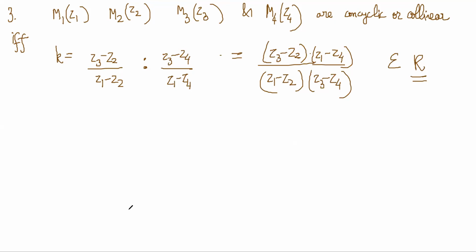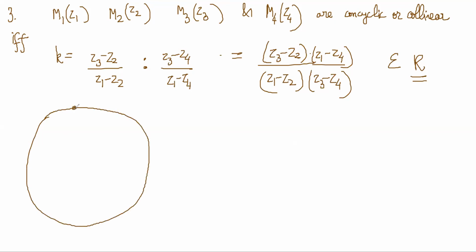So let's try to understand this case. How does it happen? When will they be concyclic?